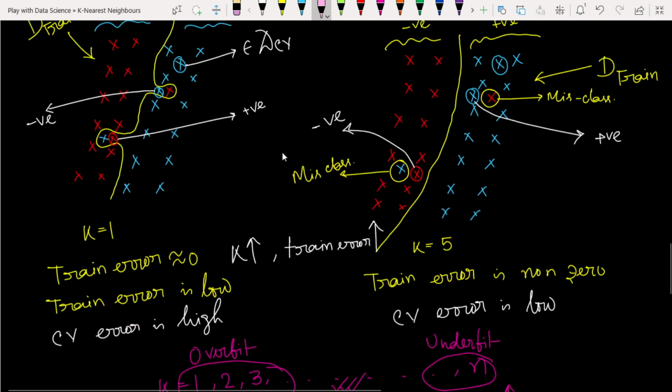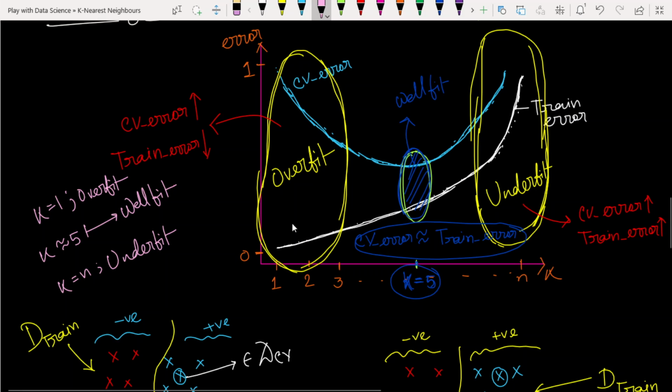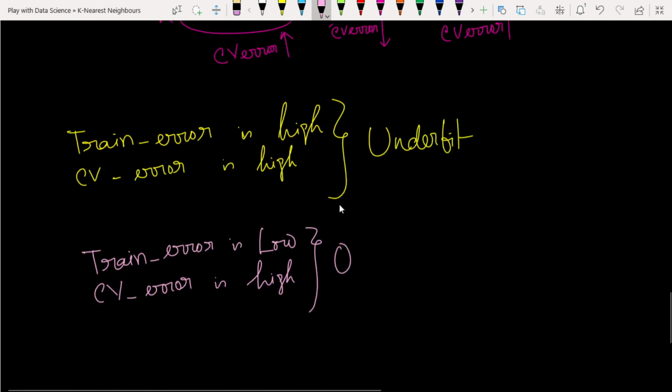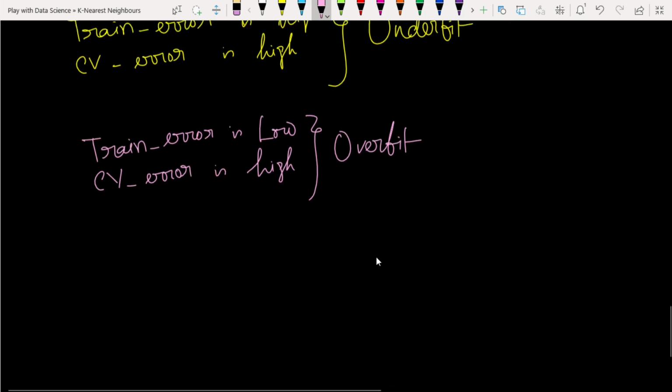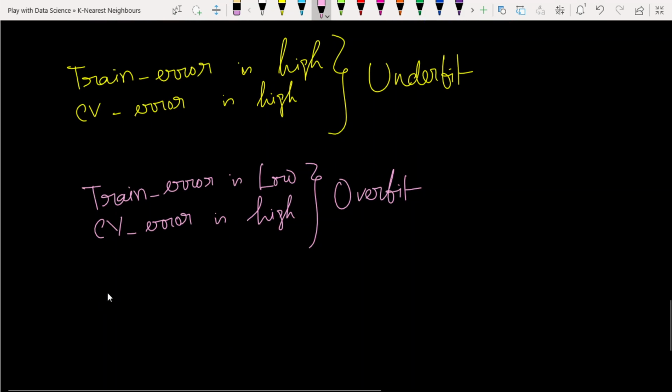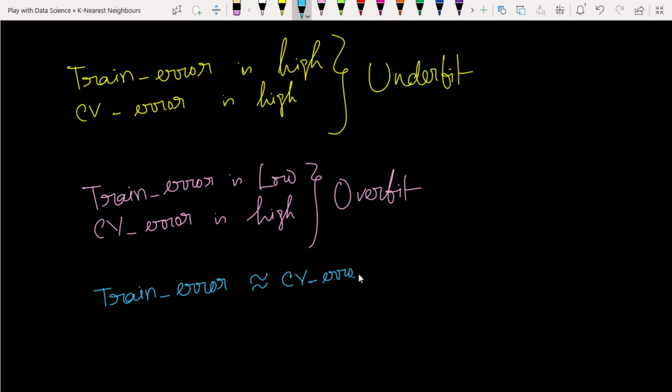And we have seen that when our training error is approximately equal to the cross validation error, then in such a scenario we call our model well fit.